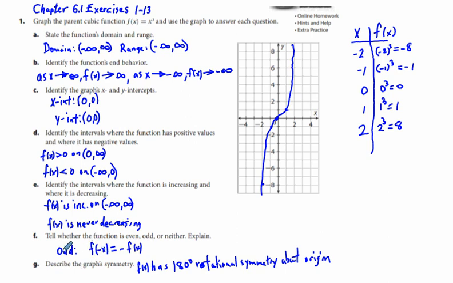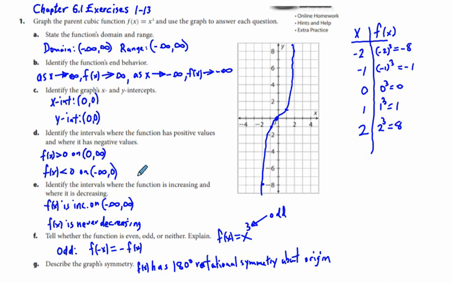So another indicator of odd is when you have a polynomial function, if you have the power, in this case x cubed, so we have f of x equals x cubed. This value 3 here, this exponent, is an odd number.